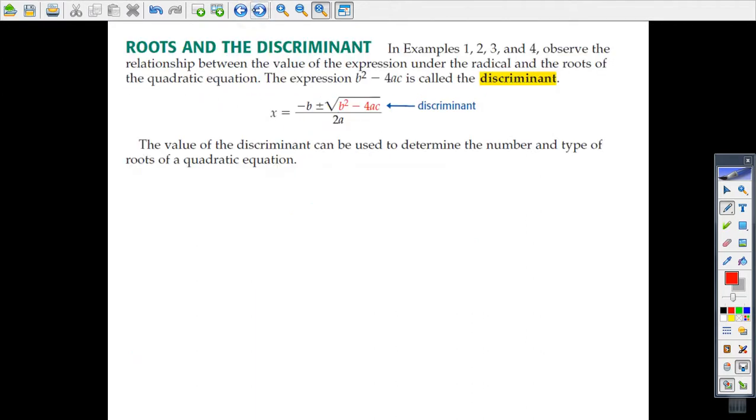So there are roots in the discriminant. I've already kind of hinted at this before. You can use the discriminant, which is the value underneath the root in the quadratic formula, to determine whether or not your answers are imaginary or real, and to determine how many of each you will have.